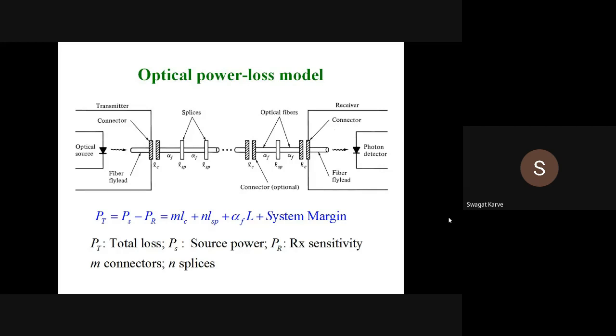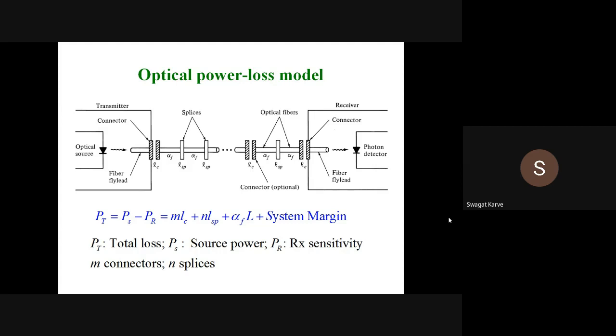Then you have to calculate the splice loss multiplied by the number of splices that you have used. The same is the case with the connector: you have to calculate the connector loss, multiply it by the number of connectors that you have used, and finally you have to consider the system margin.